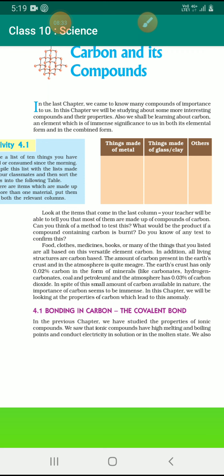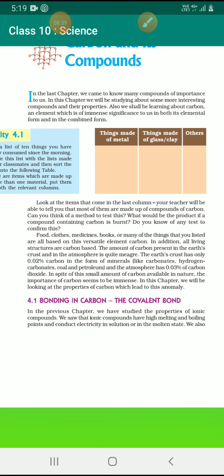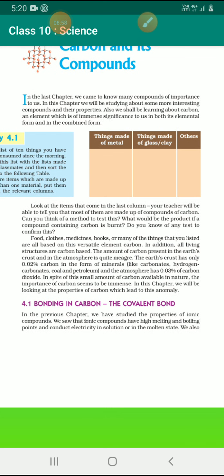Now you can understand that coal and petroleum and all the products related to them, like plastic, detergent, paraffin wax, polish, and all other compounds based on hydrocarbons, means based on petroleum, are all compounds of carbon.